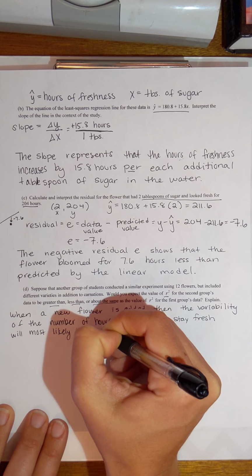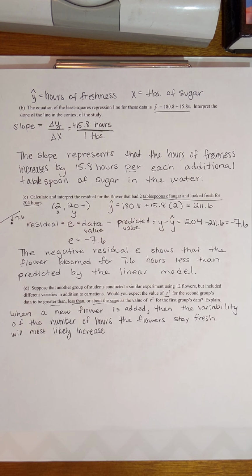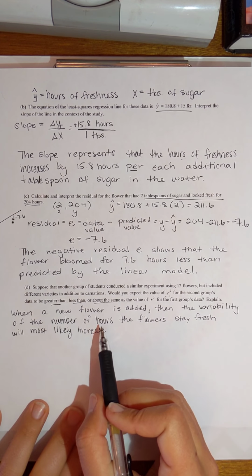Now this is because carnations, like if I picked a lily lasts a long time, or a daisy lasts a long time, versus something like a carnation, which might not last as long. So I'm not exactly sure what's going to happen, but it's definitely going to change, so the variability is going to increase.